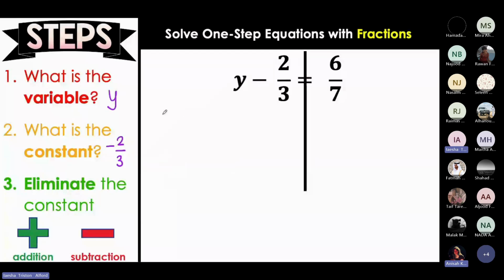Because it's on the same side as the variable. Make sure you remember this is not a coefficient. How do we know it's not a coefficient? Because between them we have subtract. So be careful on this one.